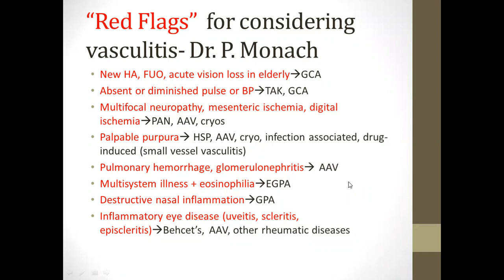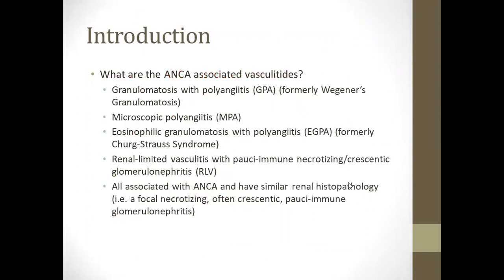And inflammatory eye disease, which can hit a lot of things, but Behçet's and ANCA-associated vasculitides, and then other rheumatic diseases, because there are quite a few of our rheumatic diseases that'll give you inflammatory eye disease. But I just thought that was, in a thumbnail sketch, a good thing to have, just to look over to make you think, could this be a vasculitide, and then where might it fall, and kind of get you on the right path and working it up.